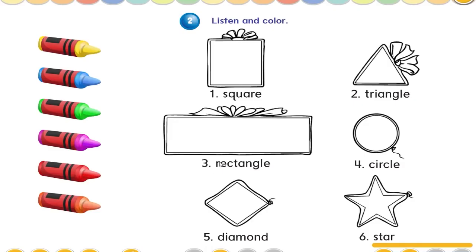2. Listen and color. استمع ولون. 1. Color the square red. 2. Color the triangle orange. 3.